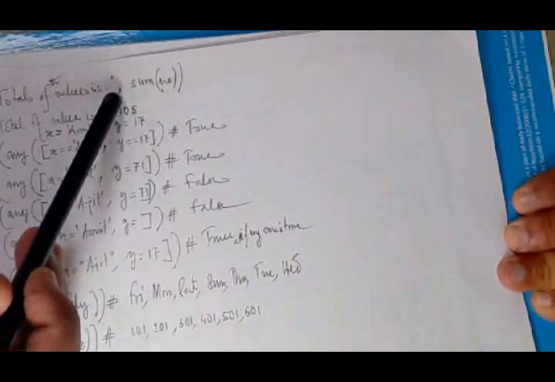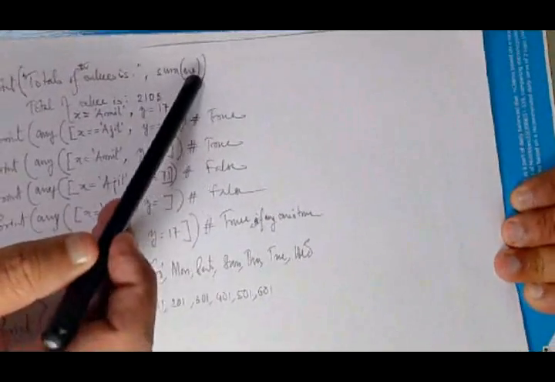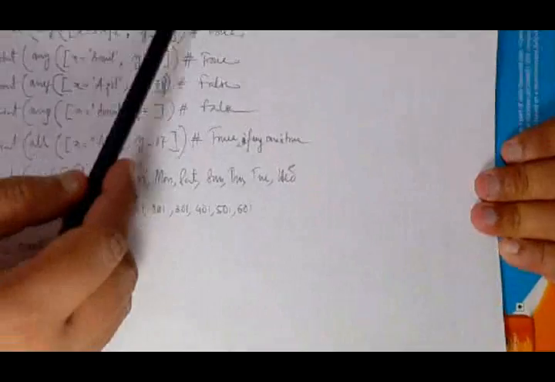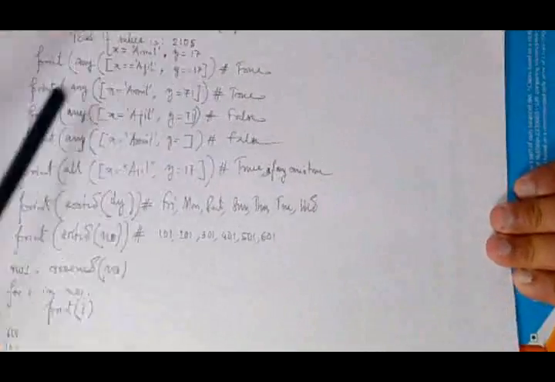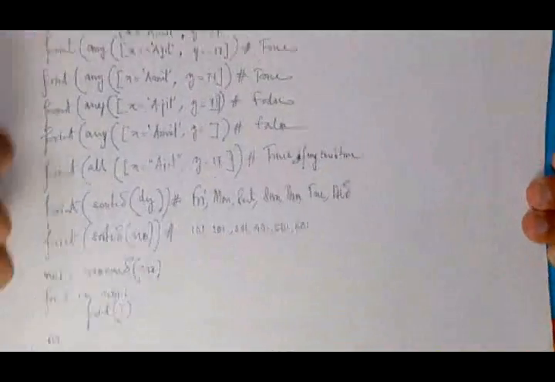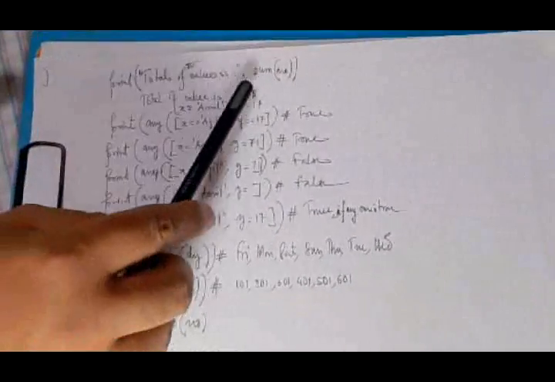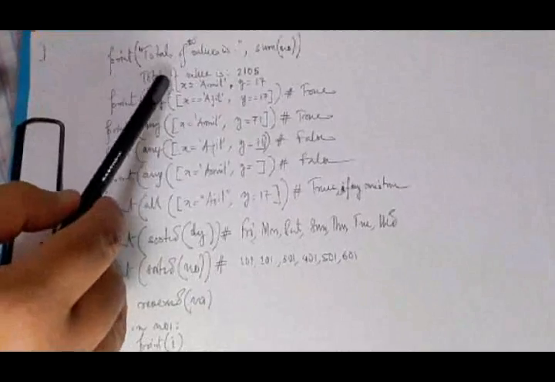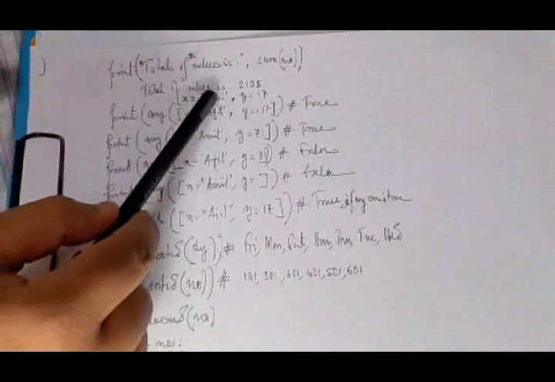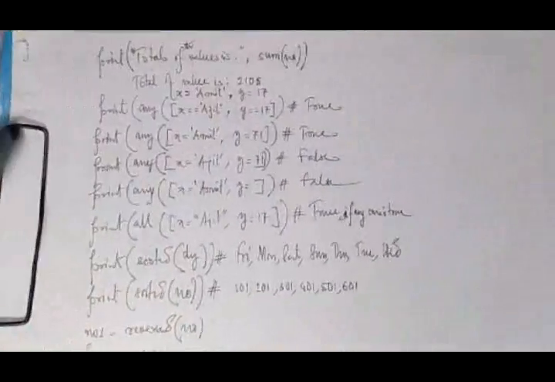Print total of the values is sum of NO. What is the sum of the values of NO? You saw the values of NO: 101, 201, like this. So the total of the values is this. It calculates the sum of the values. It gets the total of the values. Okay.